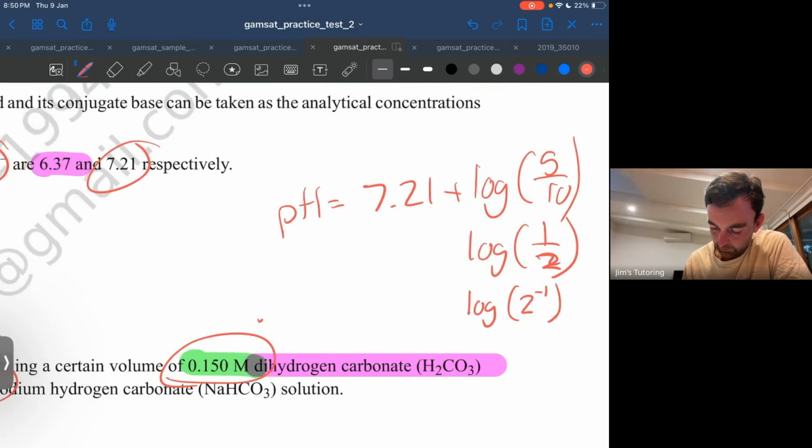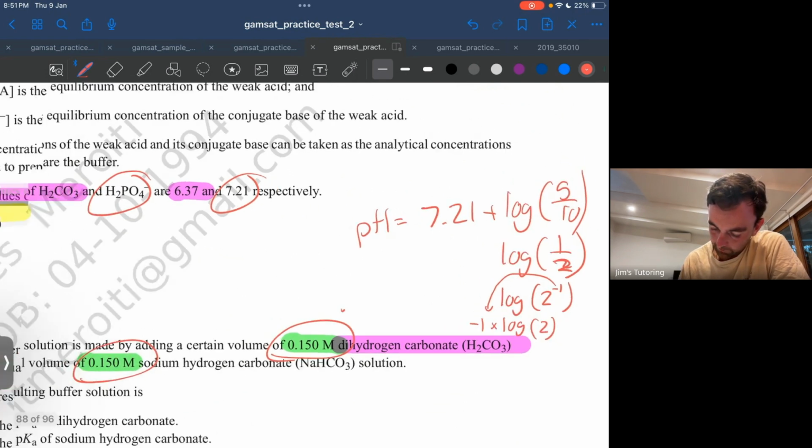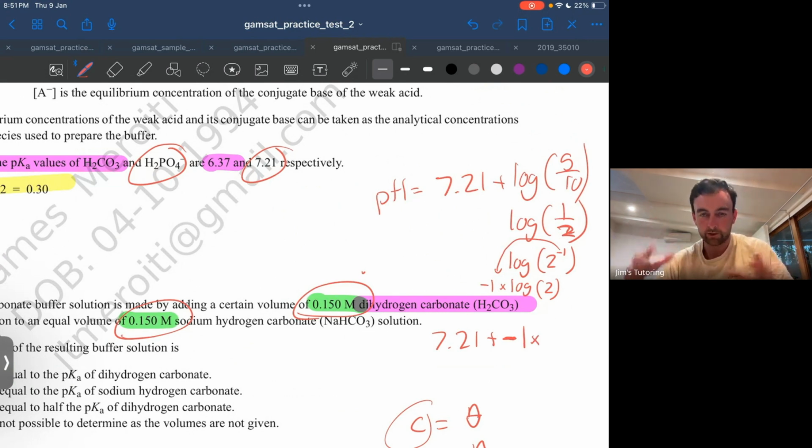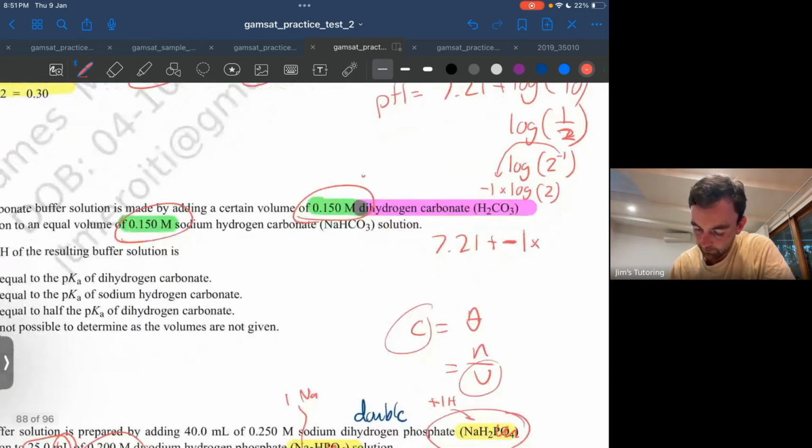And then, so this is what I was talking about before, we can bring that 1 out the front. So negative 1 times log of 2. So we end up getting 7.21 plus minus 1. I'm going to just do it all out and then we can simplify it later.